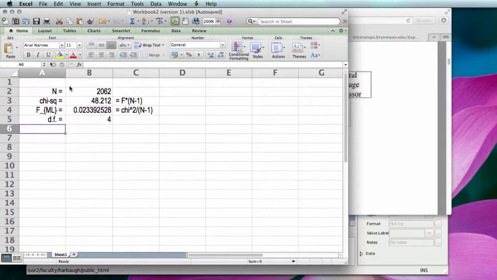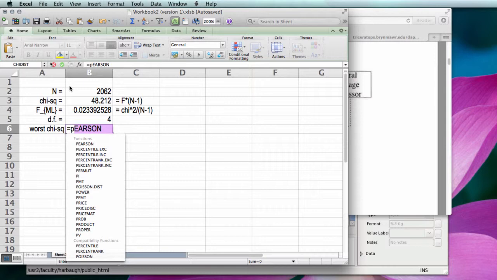Now, I want a non-significant value. So that means I need a chi-square that is, what's the worst chi-square I could have with 4 degrees of freedom?